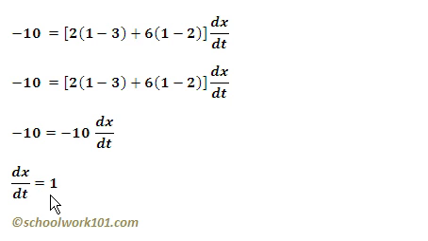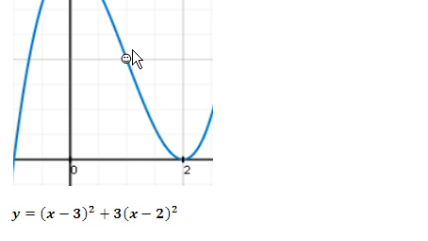So we notice that this is positive, because remember that we were moving in the x direction. So dx over dt is 1. Let's go back to the graph real quick. So when x was 1, we said that dx over dt, that's what we were working out, was actually 1 unit, let's say, per second. It's moving in this direction 1 unit per second.